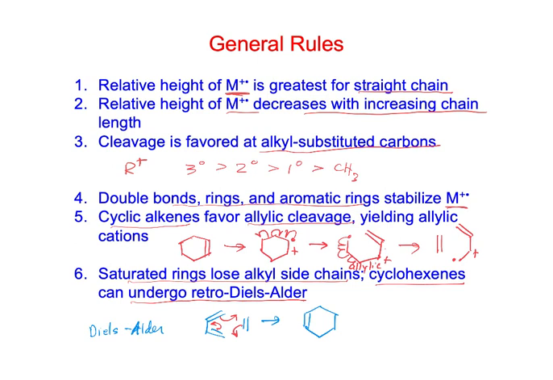Okay, so in the reaction that I drew up above, we started with a cyclohexene, and we ended up essentially breaking the bond here, so we essentially did a reverse of this Diels-Alder reaction. Okay, so this is the retro Diels-Alder.